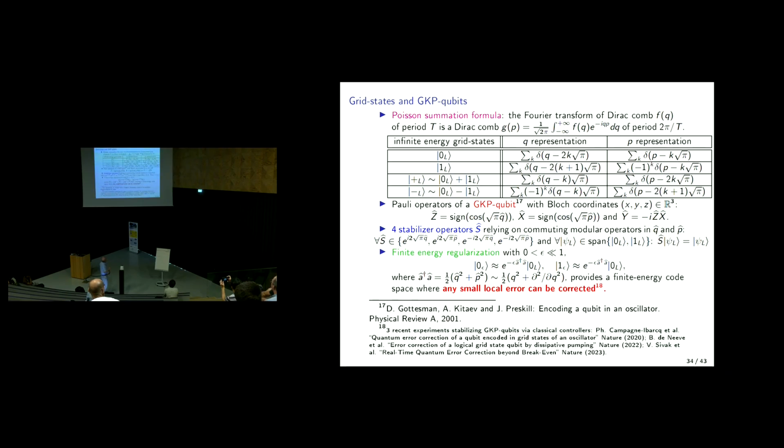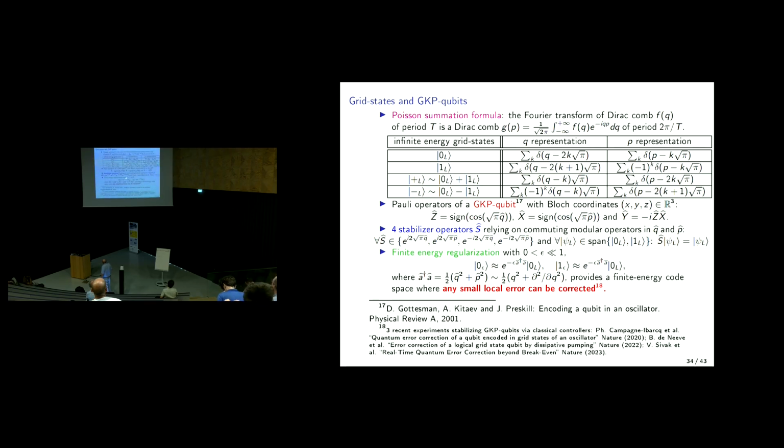The even positions become odd, and the odd positions become, in fact, like this, with a minus 1 and a plus 1. So with this kind of state, it is a Dirac comb. It is not, in fact, possible to prepare them because it is infinite energy.